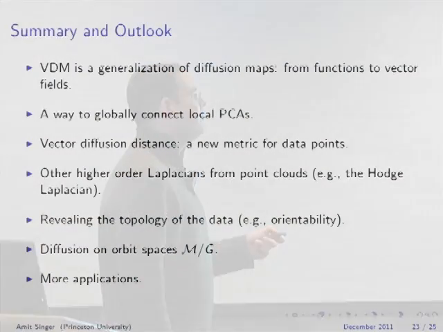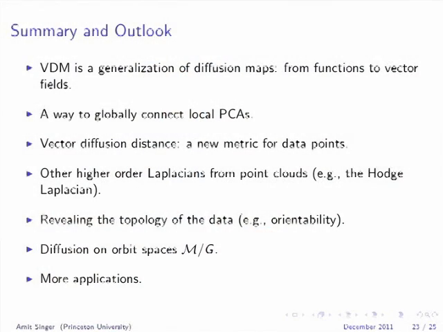We define a metric, a vector diffusion distance, for our data points. You can generalize it to higher order Laplacians for point clouds. For example, like we did for vector fields, you can go to one-forms, two-forms, and so on. But you can also think of other Laplacians, like the Hodge Laplacian. It's a baby step towards revealing the topology of the data.